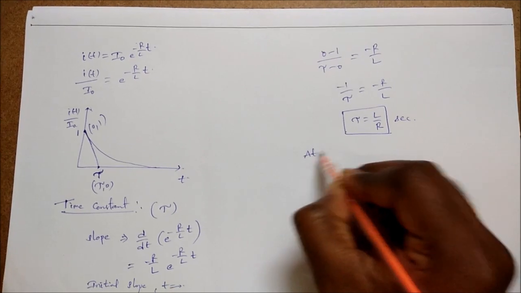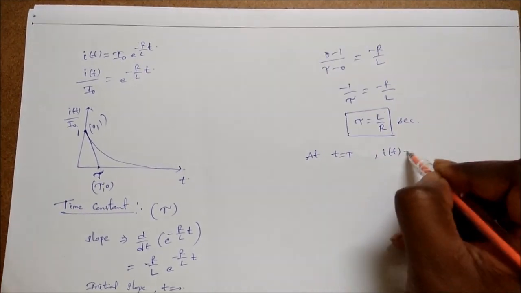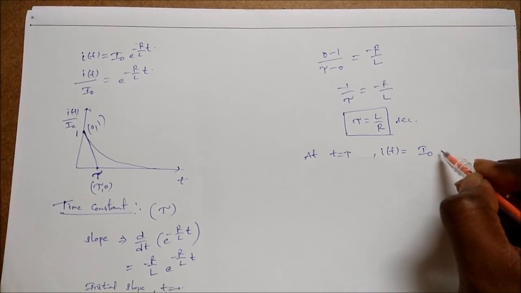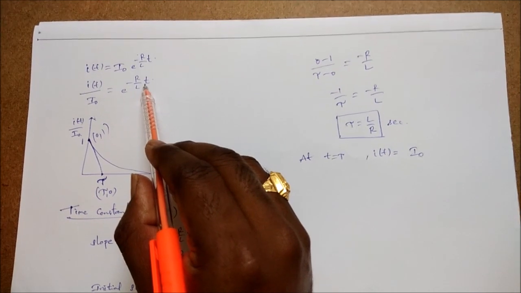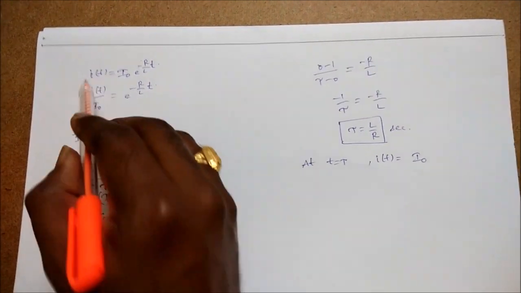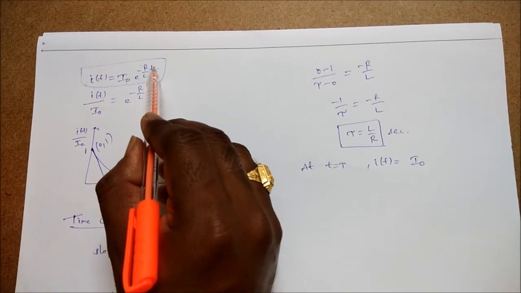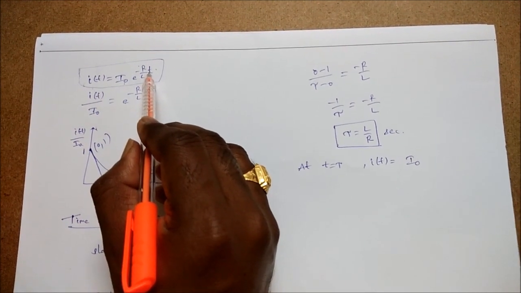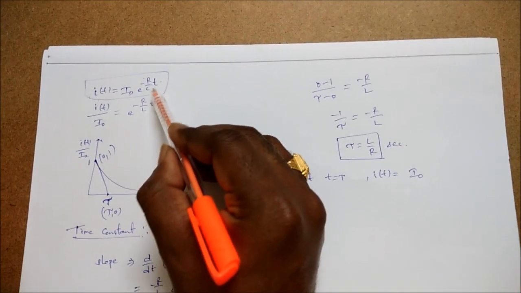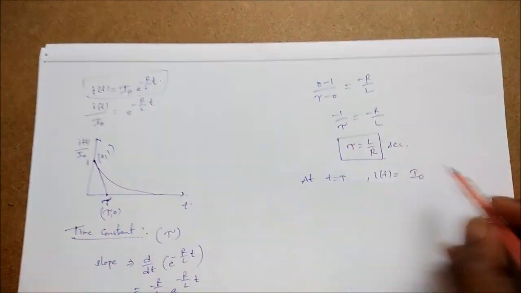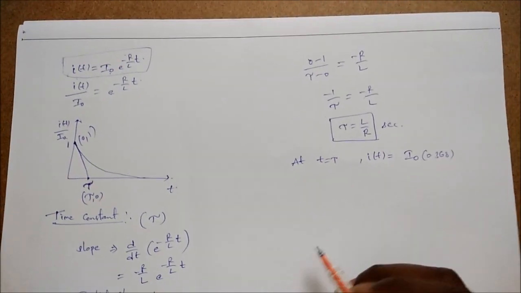Now at t is equal to capital T, we have to substitute in this equation. So I of t is equal to I naught into e power minus R by L, and in place of t you put capital T, that means L by R. Then you will get I naught into 0.368.